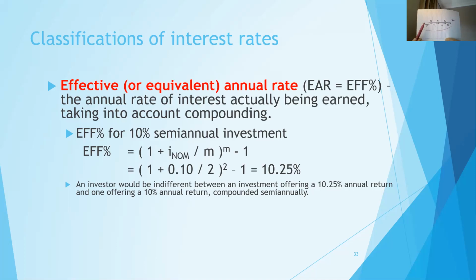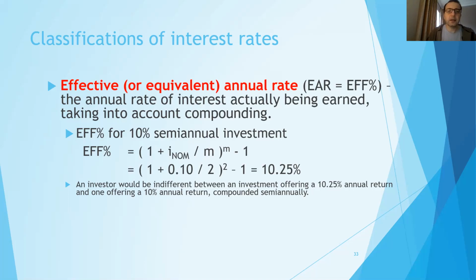So instead of investing 4 times and getting a return 4 times a year, what if I invest for 1 year, the red one? So this is the effective annual rate. So we are talking about annual rate, but effective annual rate, right?